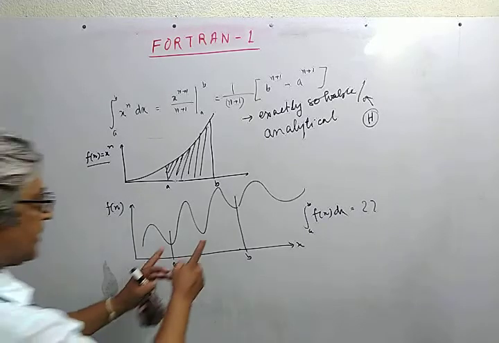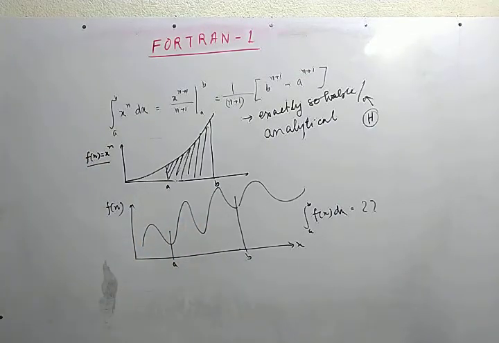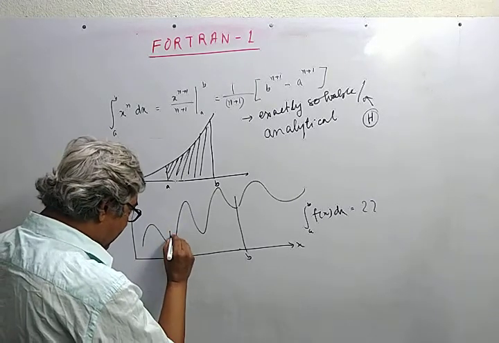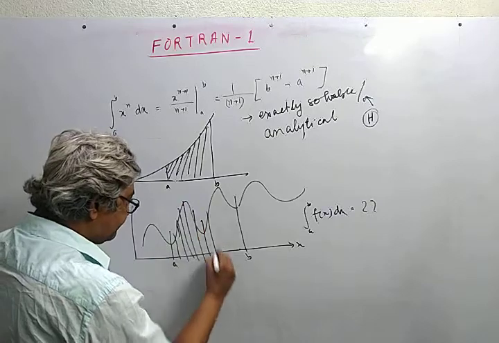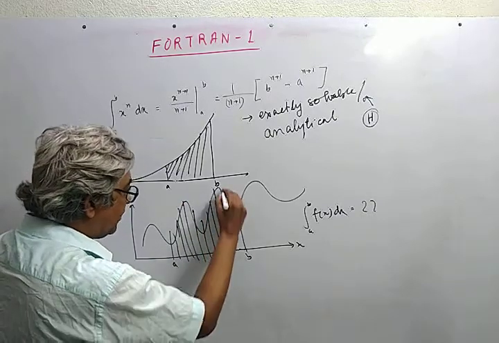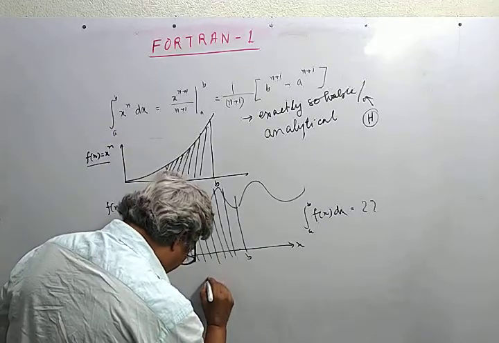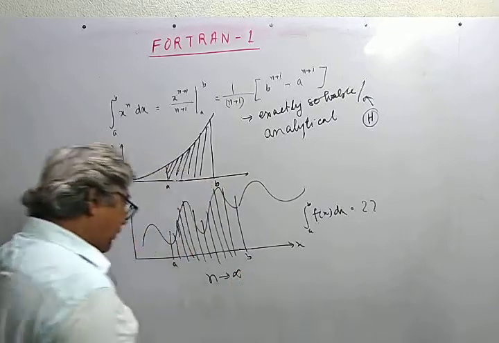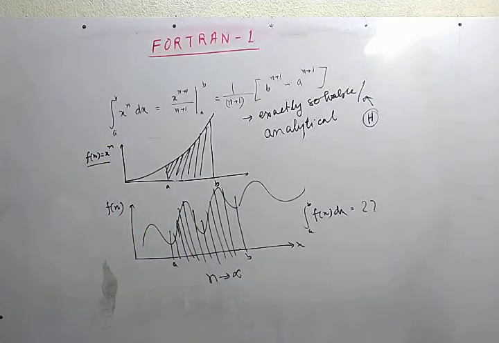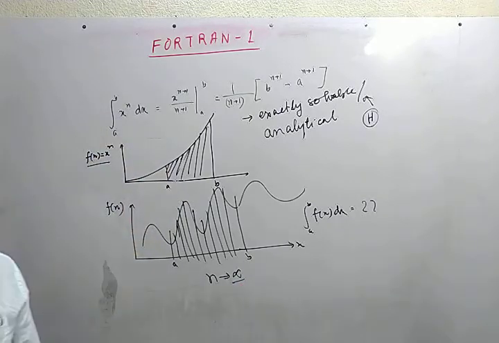Now, how do we calculate this area? To find out this area, we in general divide it into a large number of strips. In theory, we generally say that it is divided into n strips and n tends to infinity. But whenever you are going to apply it in reality, one has to take some value of n.